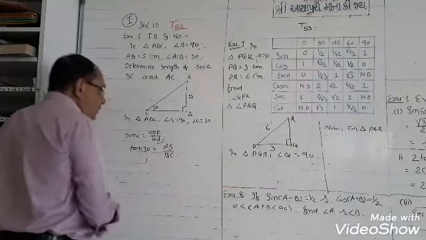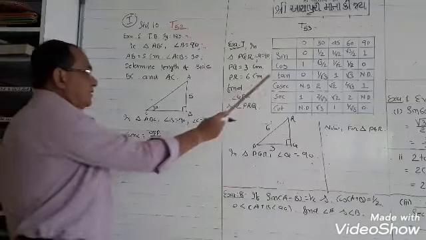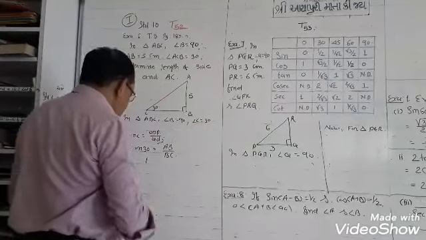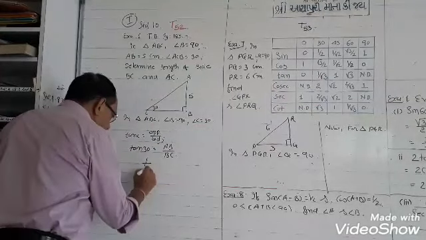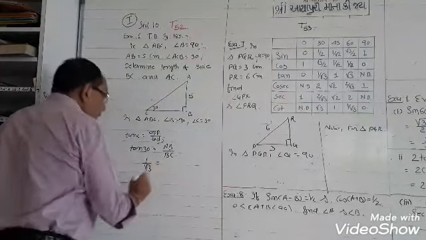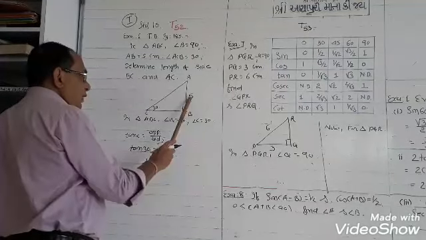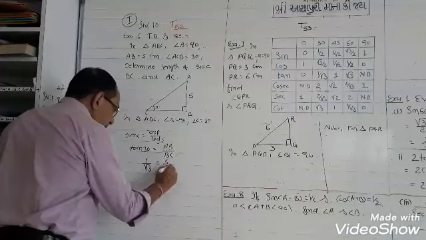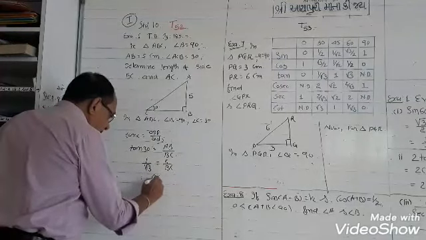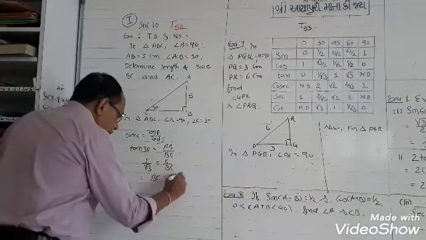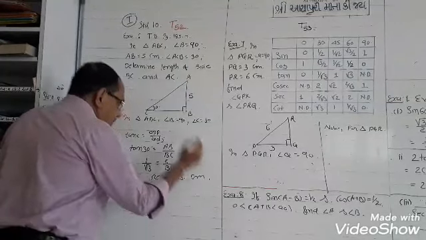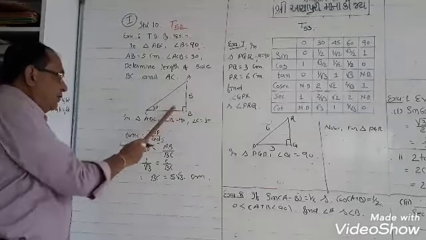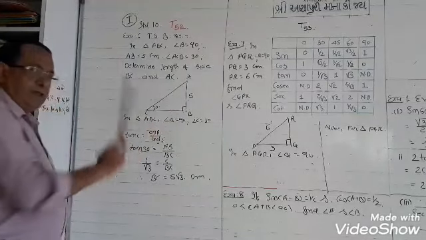So tangent of 30 is equal to 1 over root 3. AB is equal to how much? 5 you are given. BC you want to find. Therefore, cross multiplication, BC is 5 root 3 centimeters.